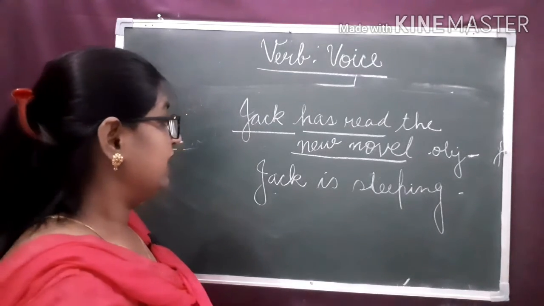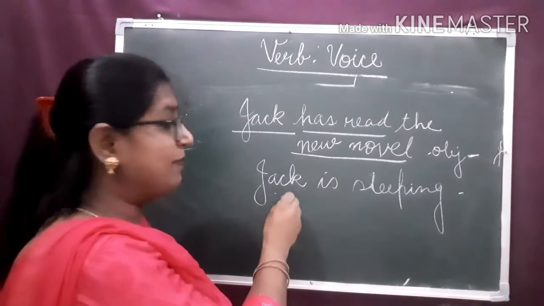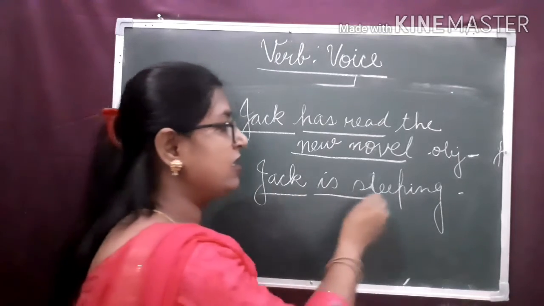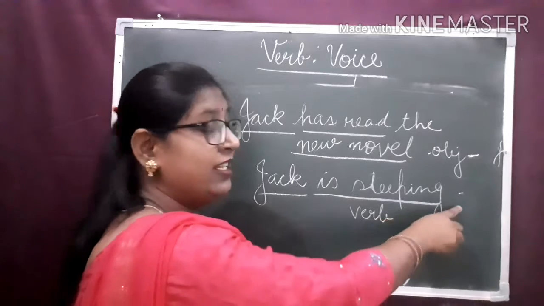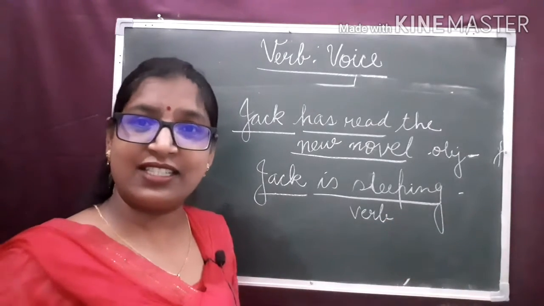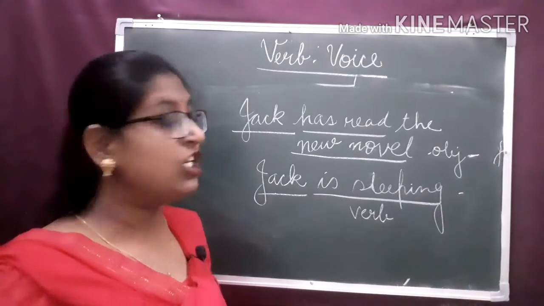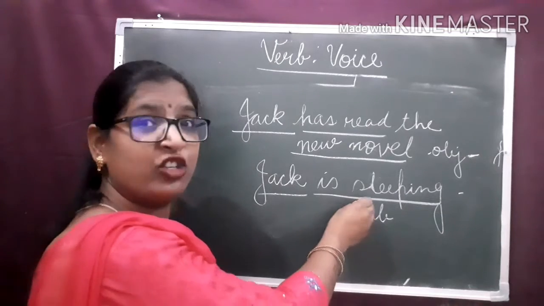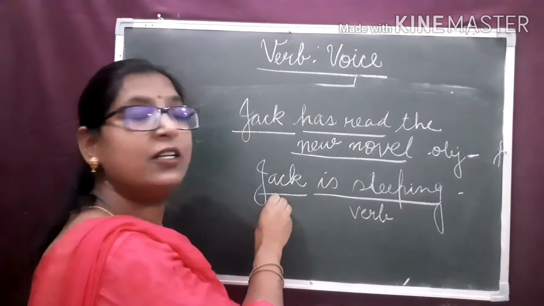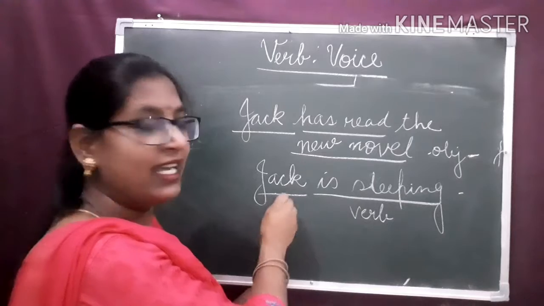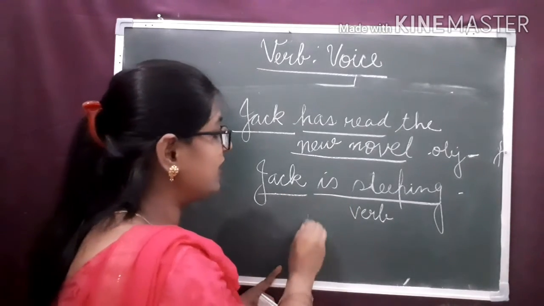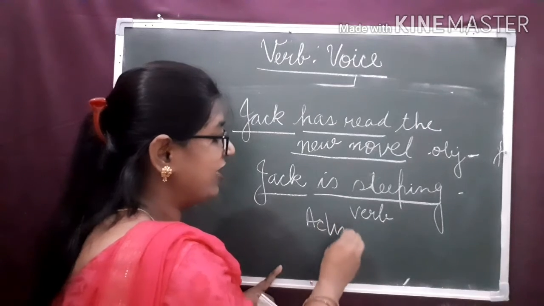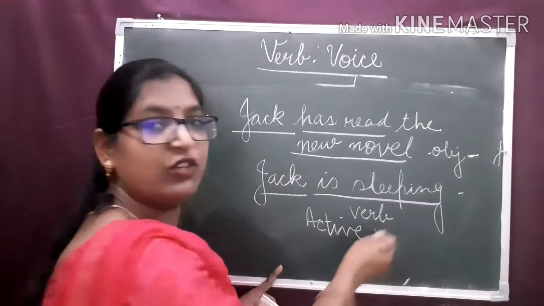And let's see this example. Jack is the subject, is sleeping is the verb. Is there any object? Jack is sleeping, what or whom? There is no object. Here the action of sleeping is performed by the subject, so the sentence is in active voice.